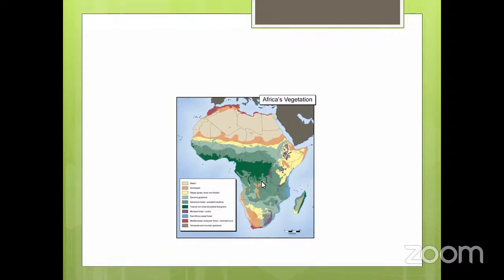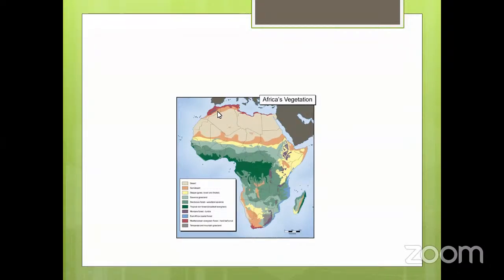So here, this green part is what we call tropical rainforest or equatorial rainforest. Then you move on to this part here, not savanna, this is semi-desert vegetation. Then you go to this one, this is desert vegetation.